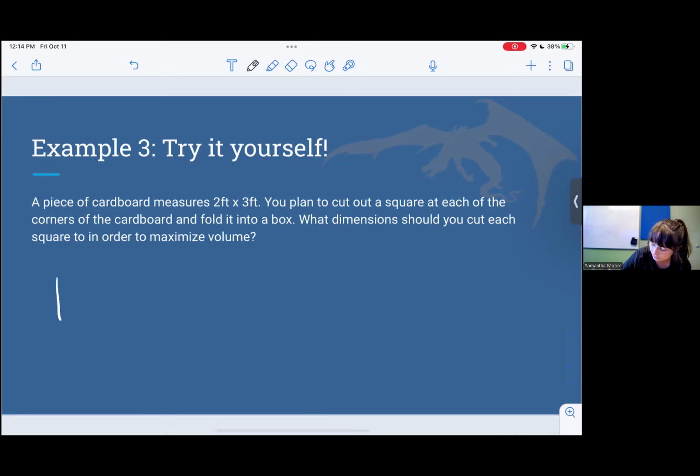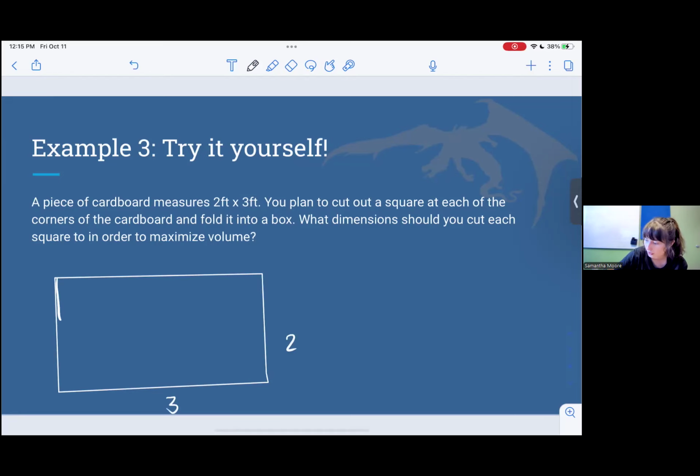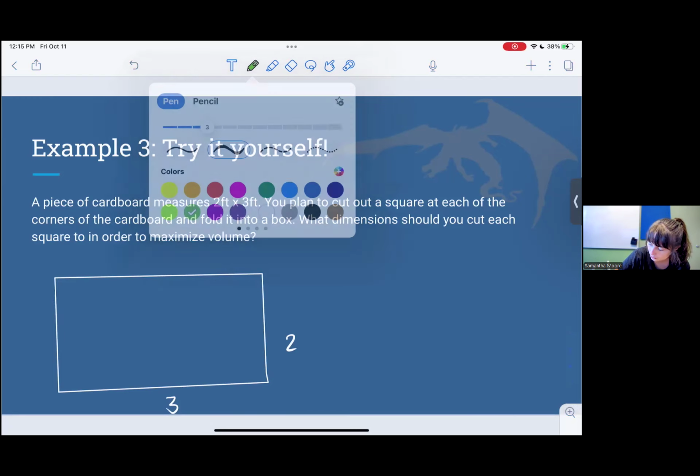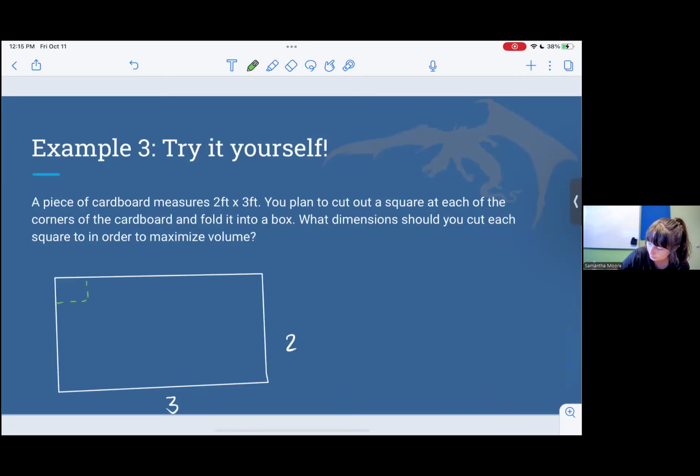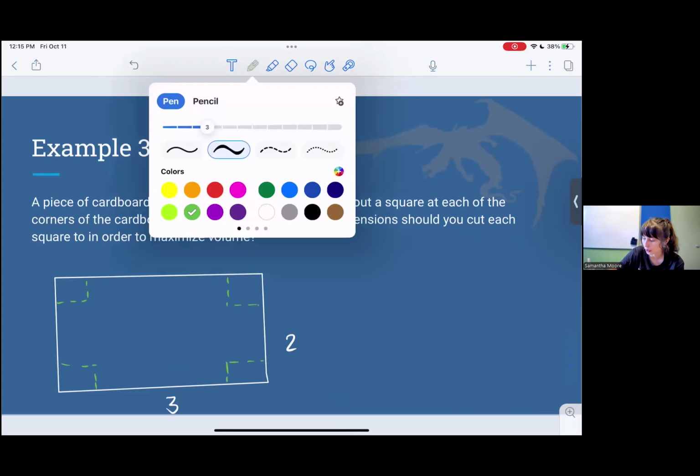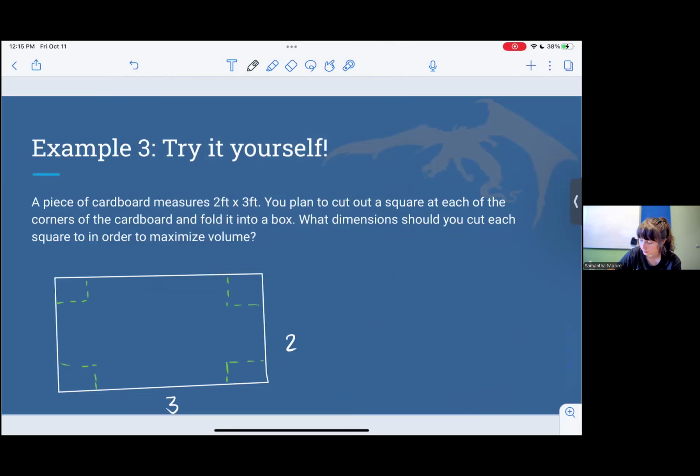So you're given this piece of cardboard that is 2 feet by 3 feet. And your goal is you're going to cut the same square from each of the corners. And then you would fold it up.